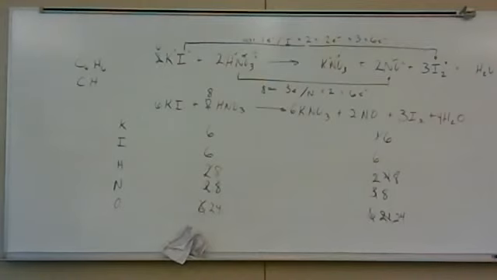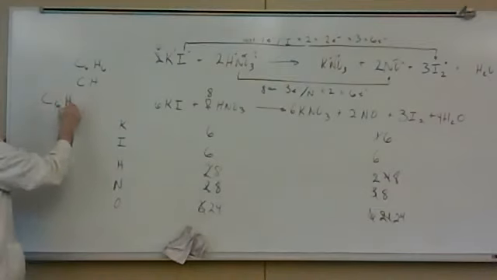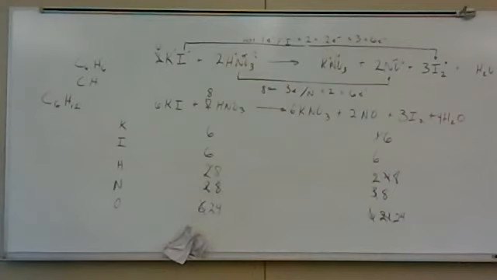C is a little more complicated. You have to count up all the carbons. I see 1, 2, 3, 4, 5, 6. So it's C6. And then hydrogens are 3, 4, 5, 6, 7, 8, 9, 10, 12. I know where this one's going. 1, 2, 3, 4, 5, 6 oxygens.